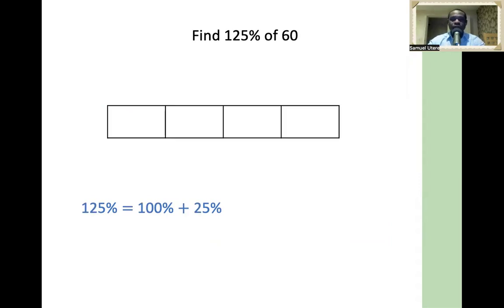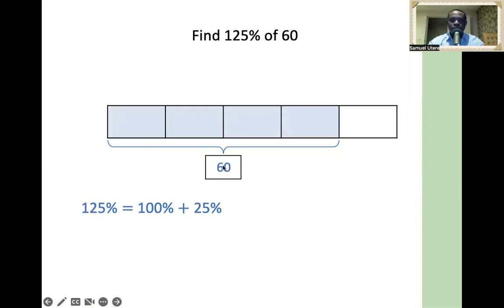If we represent this in a bar model, it will be helpful to start thinking in lots of 25%. 100% represents the actual amount we're working with, so the 4 bars represent 60.